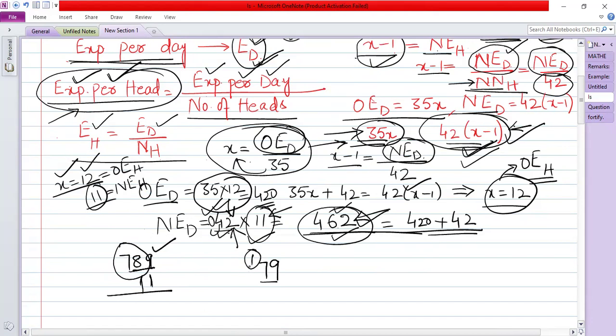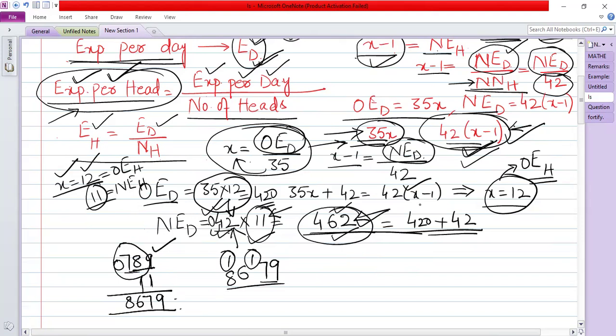So now I will write 6 and once again 1 as carryover. Now here it is 0. Now 7 plus 0 is 7, and this one carryover means 8. So 789 multiplied by 11 will be nothing but 8679. So this is just a help to multiply a number with 11.